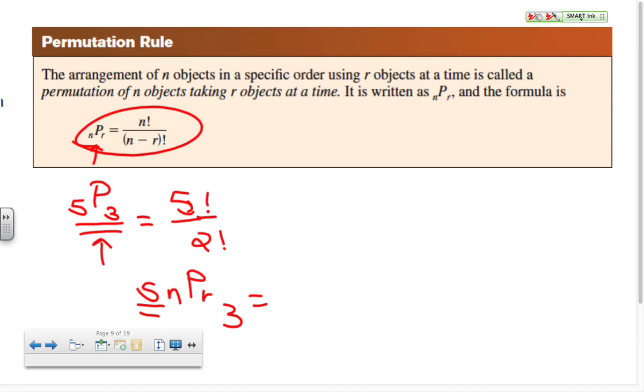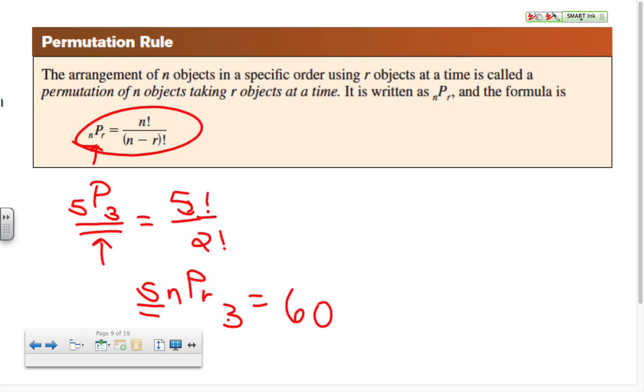Yeah, I don't have my calculator, so. Wait, what do we do again? Okay, so you put the number in, nPr, and then 3, and then it'll give you the answer. Depending on the type of calculator you have, it's going to be different. No, just put 5 first. So 5, then that, then 3.